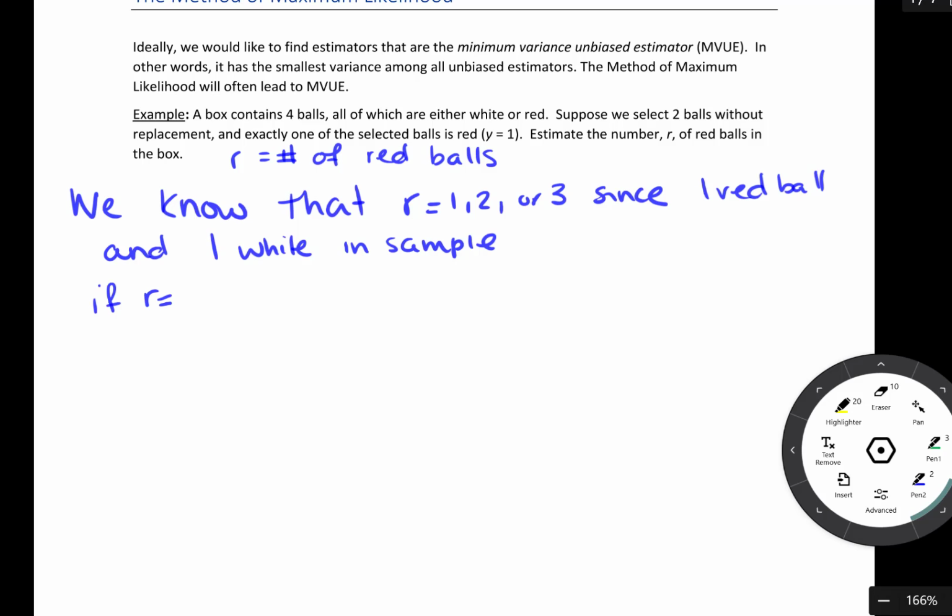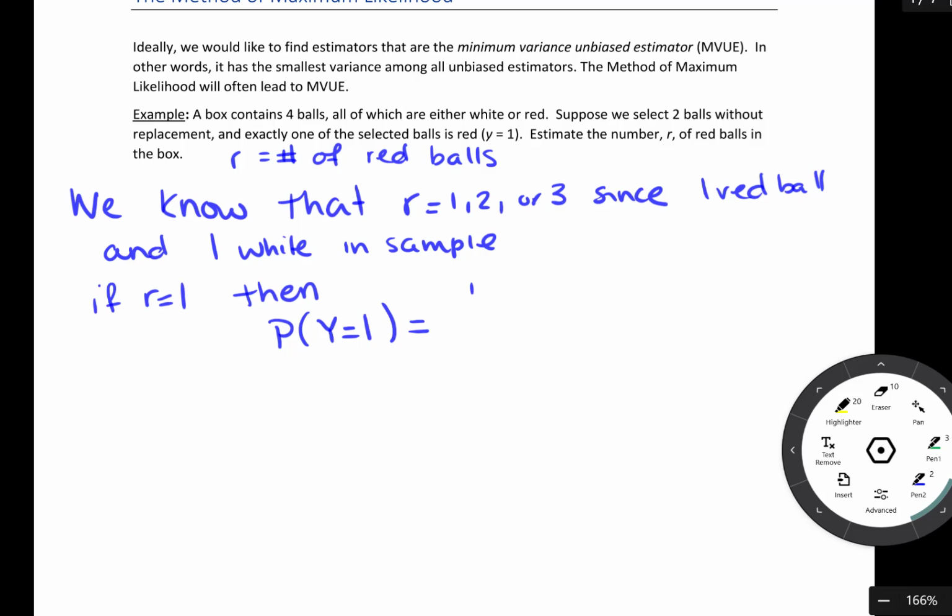So if R is equal to 1, then we have the following. The probability that Y would be equal to 1, where Y is equal to the number of red balls out of a draw of 2, is going to be equal to the following.